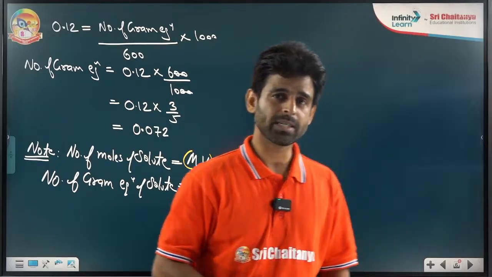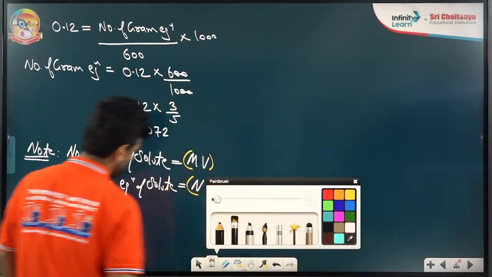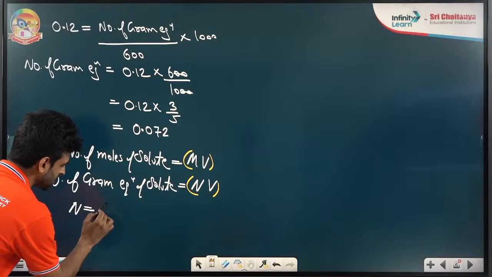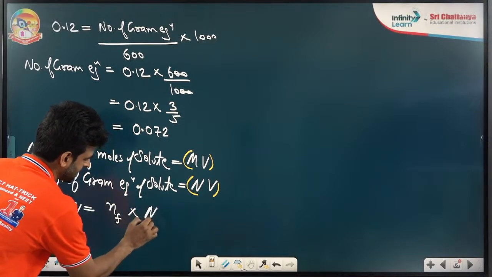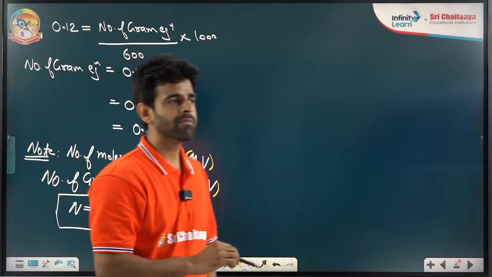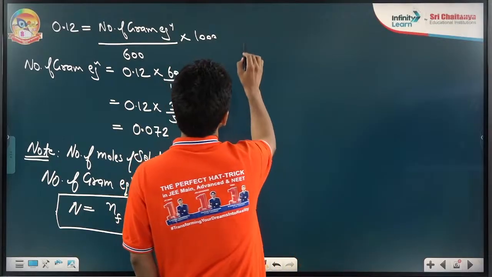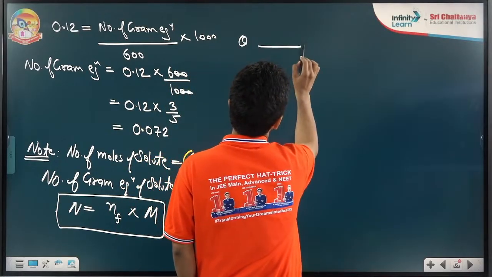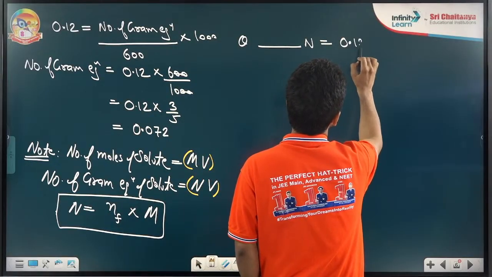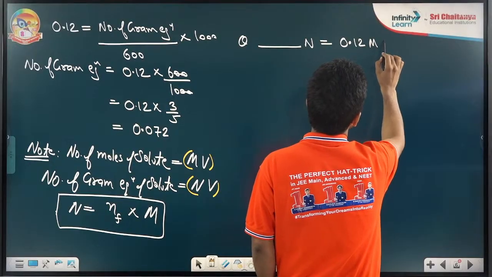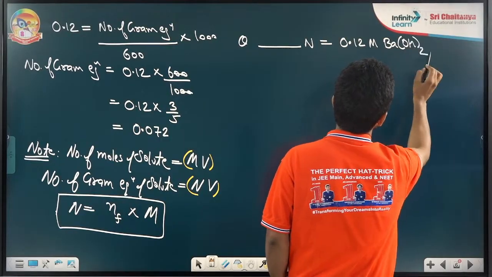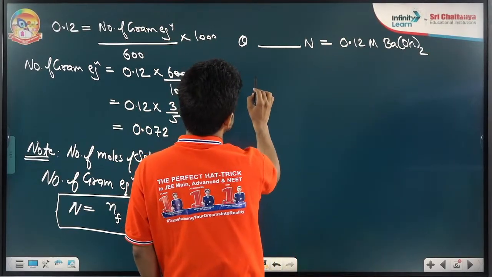Now, as we have seen already, we know the relation that to find the normality, you can use the n factor into what? Molarity. So I am giving you one question on this basis. Please answer fast. I am asking you the normality of 0.12 molar BaSO4 solution.